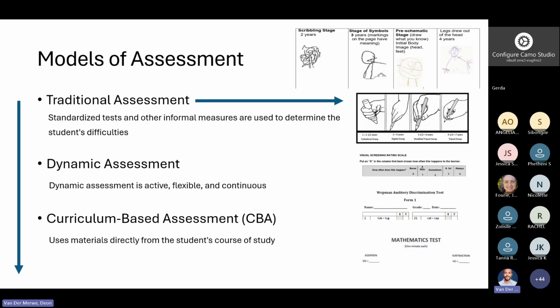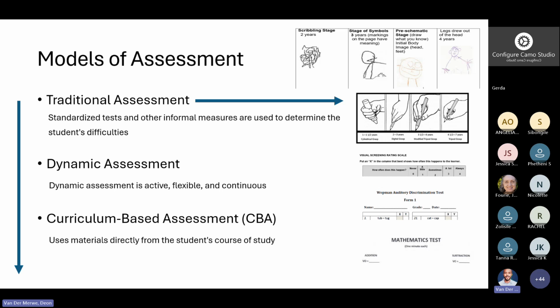And then we have dynamic assessment. With dynamic assessment, this model focuses on how well a learner can learn in a teaching environment. And this connects to the model which Dr. Fourie spoke about, and that is the social ecological model, right?